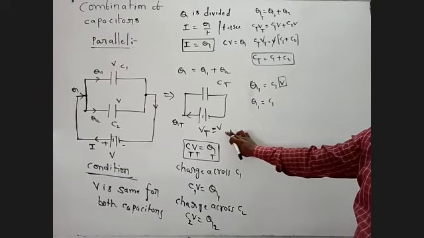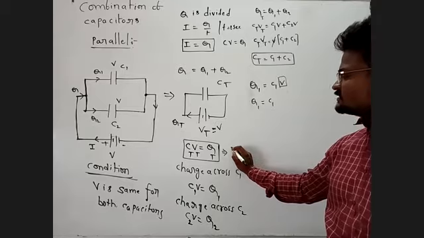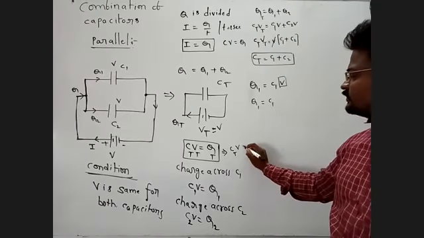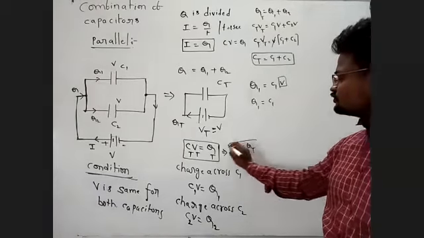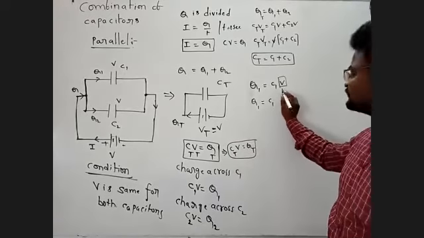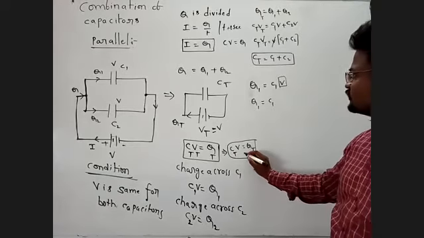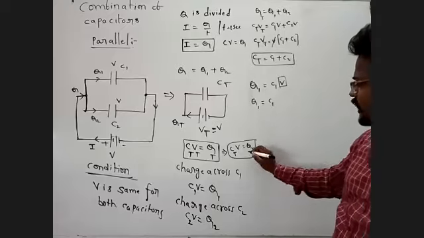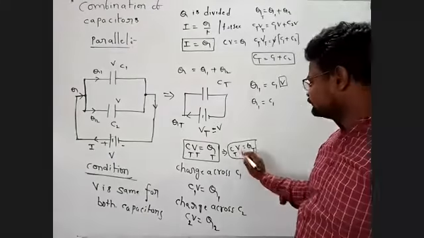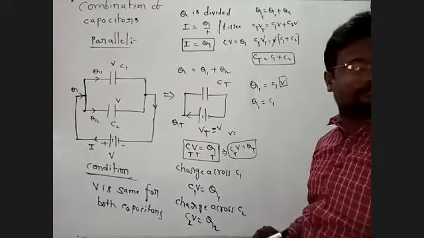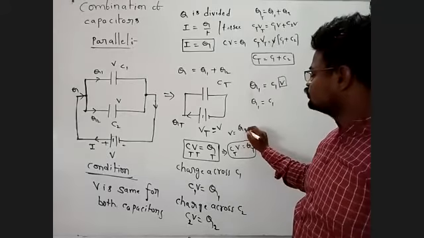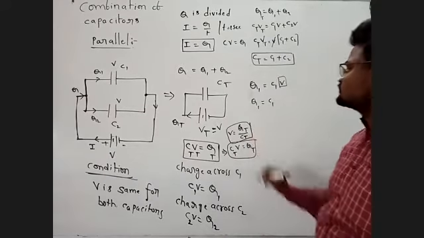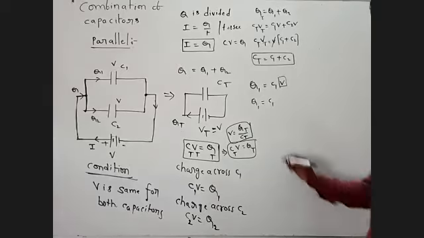V total is equal to V. We write C total V is equal to Q total, so V is equal to Q total by C total. This is the formula.